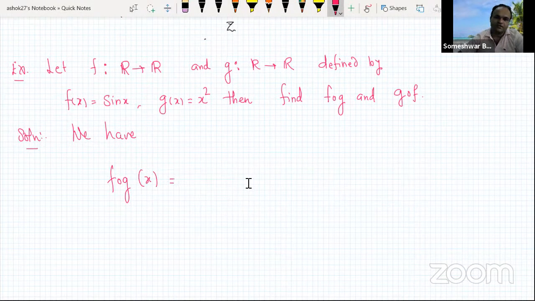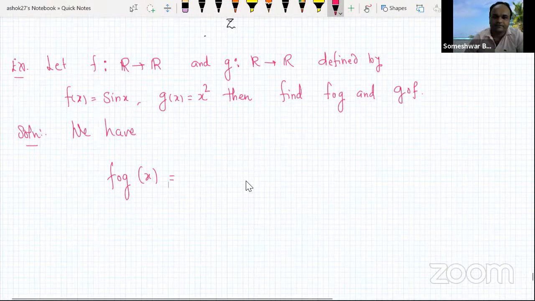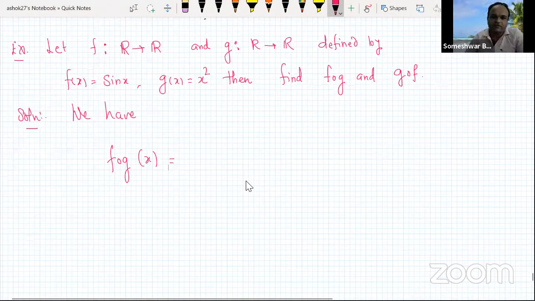Using that definition we'll write it as f of gx. What is gx? gx is x square, so it is f of x square. I'm just writing gx, which is x square.